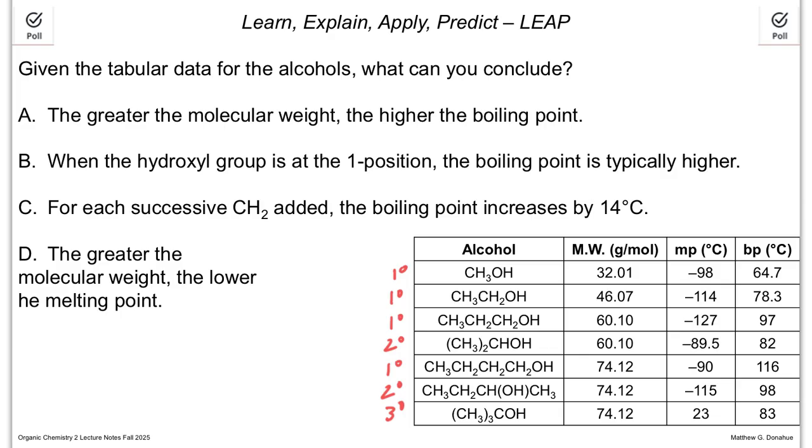Another way that I like to think about it in terms of like food, so here are two constitutional isomers of that C4. You have the primary and the tertiary. The primary boils at 116 and the tertiary 83. So they had the same molecular weight. So we can't attribute a change due to molecular weight.